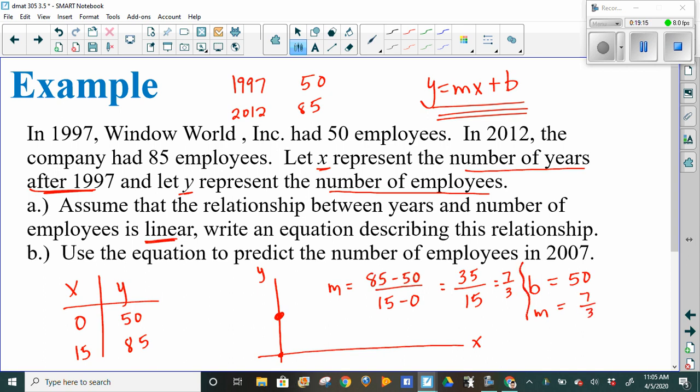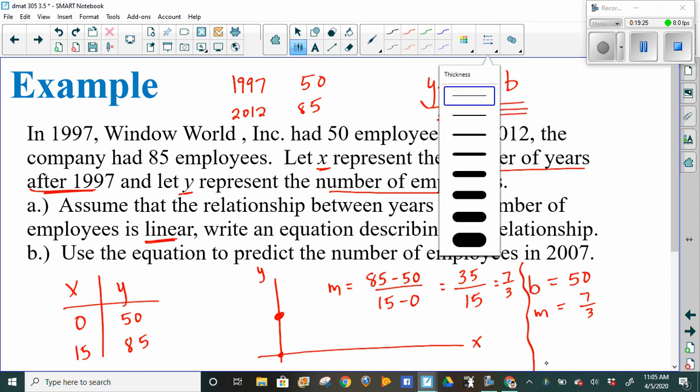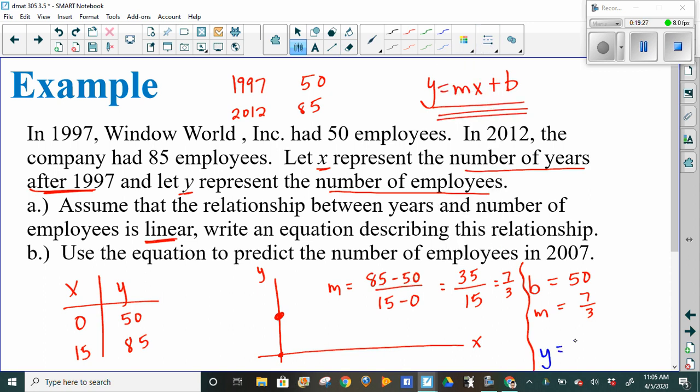I'm sorry, that's a little bit messy. So now if I'm going to write the equation, then I'm just going to say y equals, oh, that's not what I wanted to do. That's a really chunky line. All right, y equals mx plus b. So there is your part A. That is the equation of how many employees we have for every year.